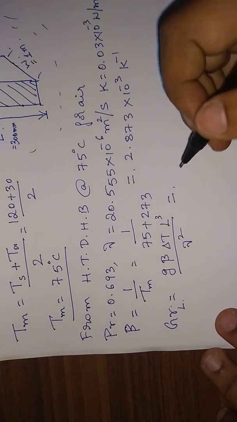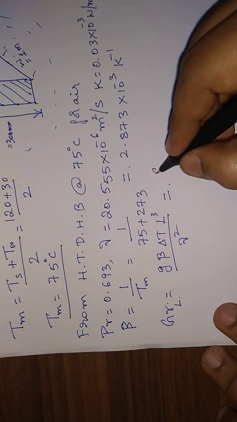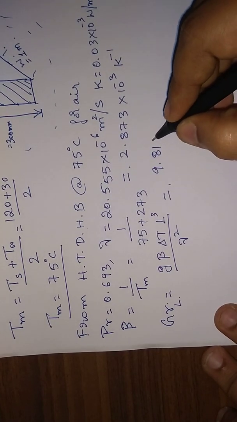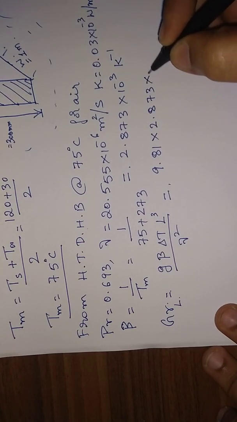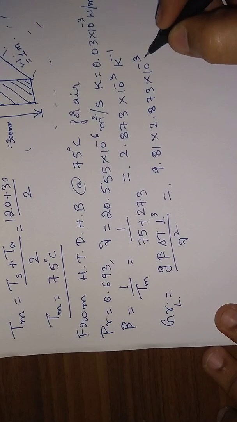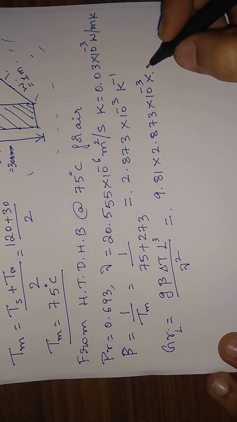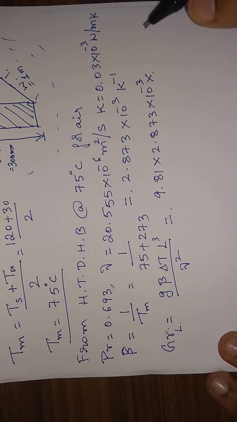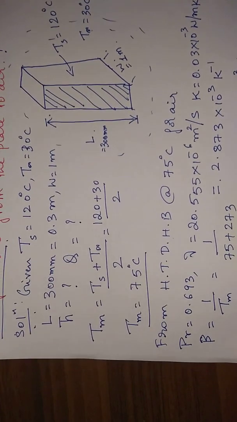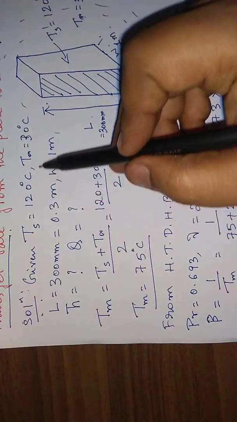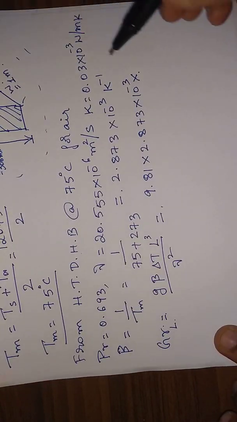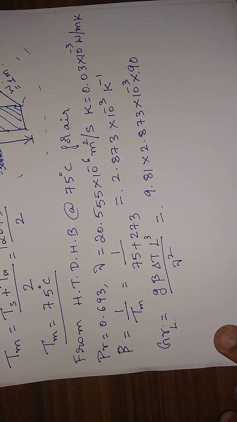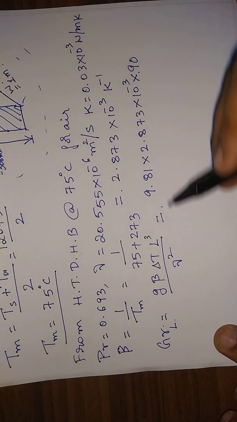So try to substitute 9.81 into 2.873 into 10 to the power of minus 3 into delta T. Delta T is here 120 minus 30, so I am directly writing it. It is coming out to be 90.